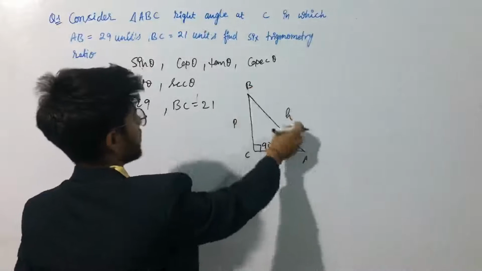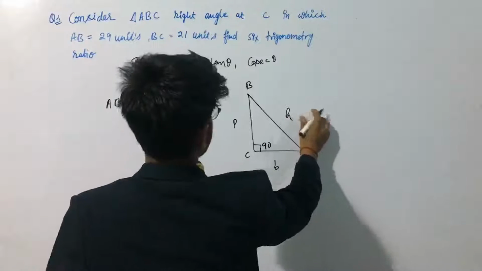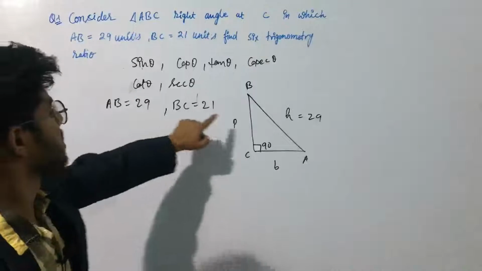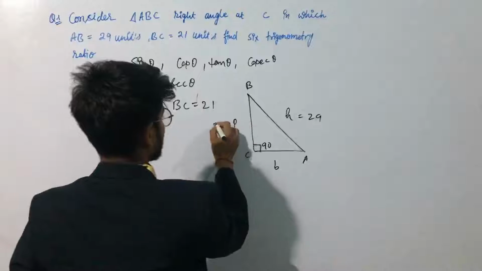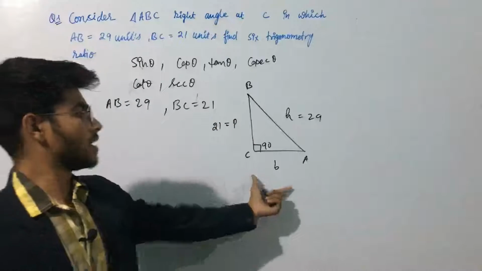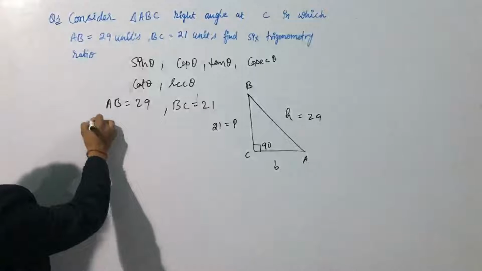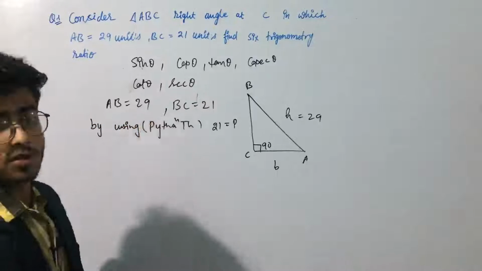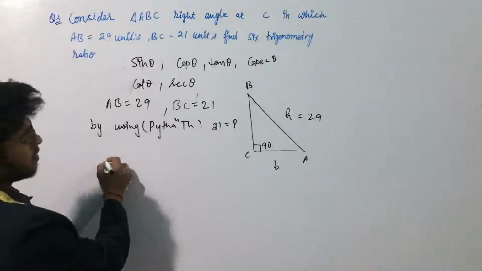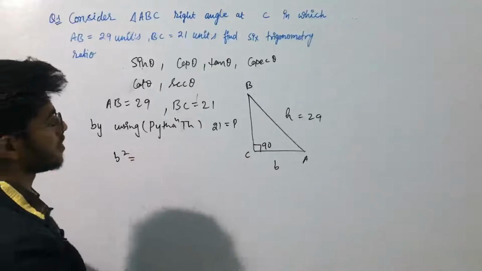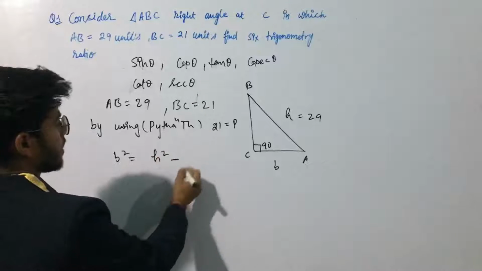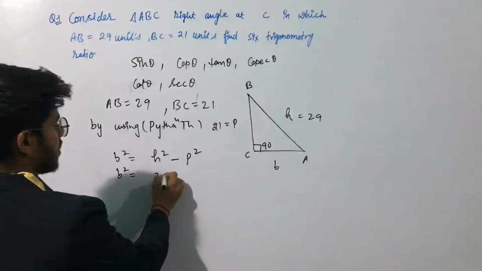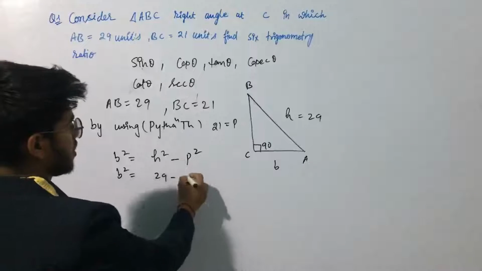AB is equal to 29 and BC is equal to 21. Find the base. By using Pythagoras, base square is equal to hypotenuse square minus perpendicular square.